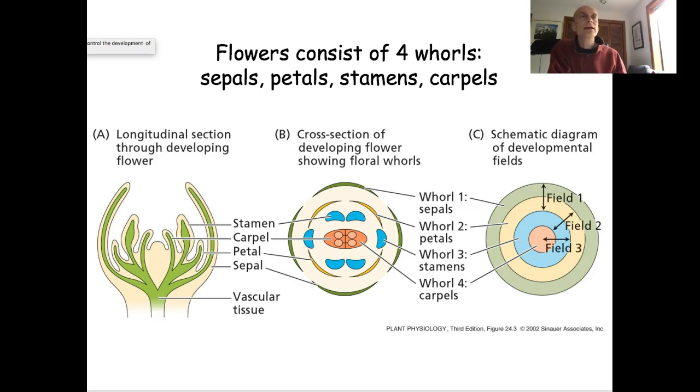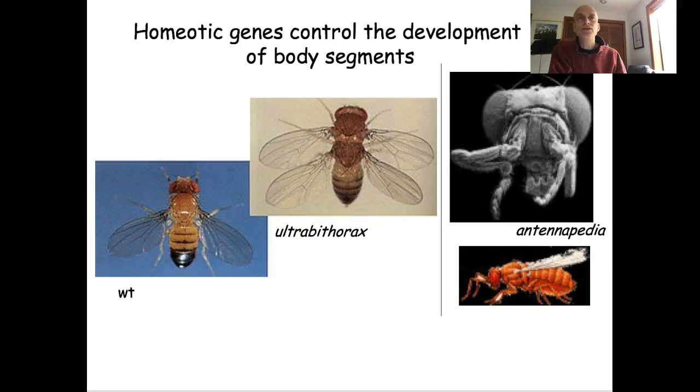Okay, but before we move on to those genes that determine what a flower looks like, let's take a little detour here and look at some genes in flies. There's a set of genes that are called homeotic genes, and homeotic genes are genes that control the development of body segments. You'll later see that homeotic genes also control the development of body segments in plants and flowers, of course.